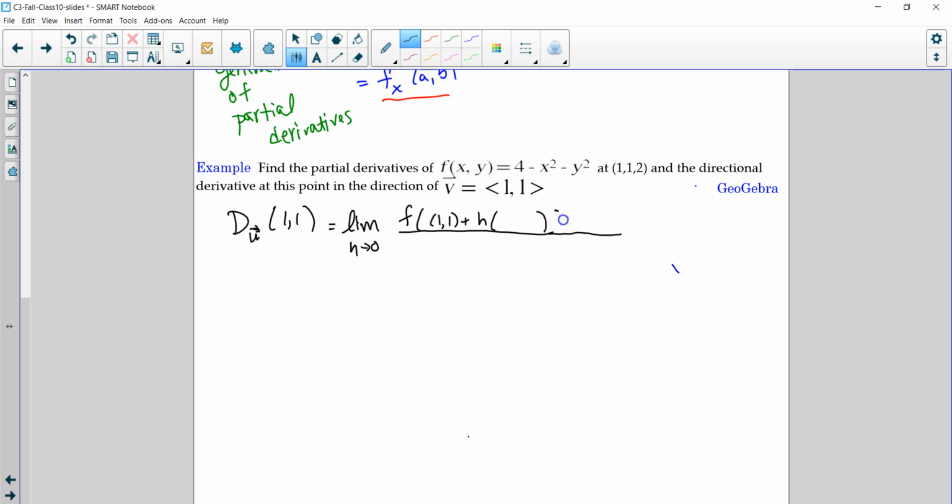I'll leave a space for it in the meantime, and then minus f of (1, 1) all over h.